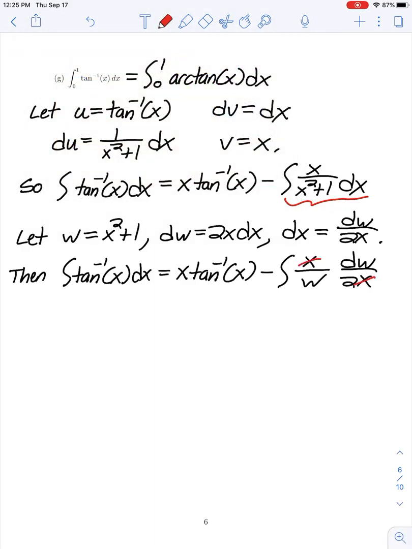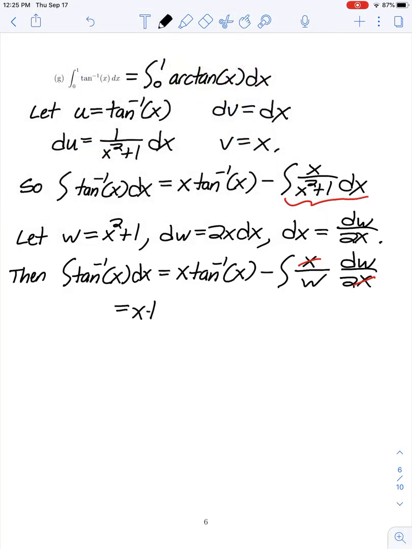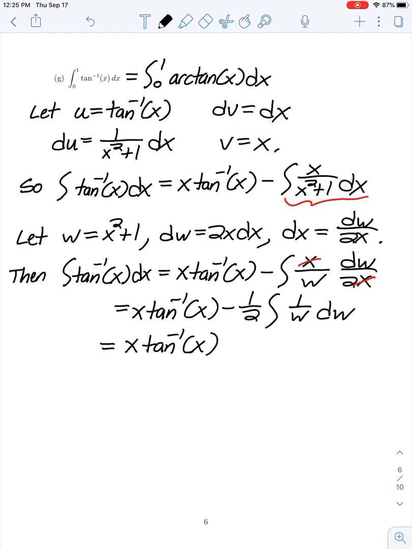We can cancel a factor of x in the numerator and denominator, and that leaves us with a constant factor of 1/2, which we can bring out in front, and we're left with the integral of 1 over w dw. So we have x times arctangent of x minus 1/2 the natural log of absolute value w. Once I've evaluated my integrals, I can include the constant of integration, plus c.